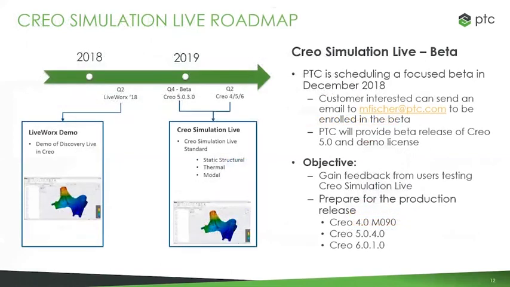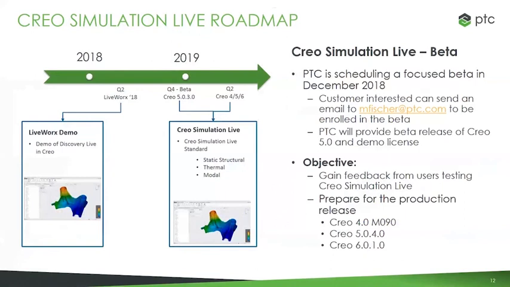Now, the actual release of this is not currently out yet. It is going into its focus beta in December of 2018. So within a month, I believe it's December 16th or December 18th, this will be coming out. There are a few different ways to get enrolled with that. I'm sure your friendly sales reps here at MRC can help you get hooked up with that as well if you're interested.